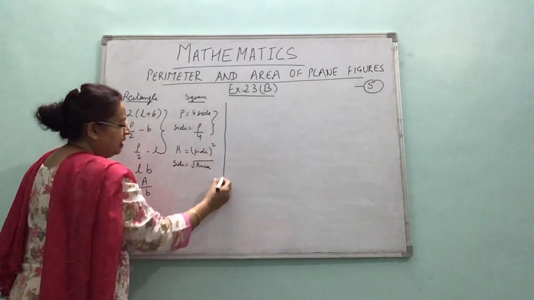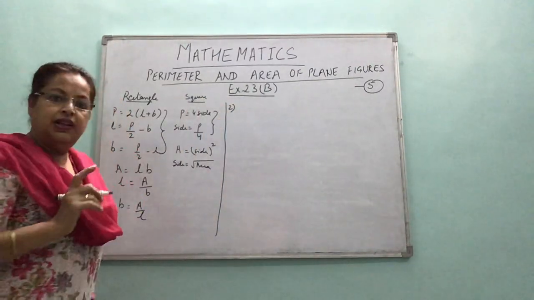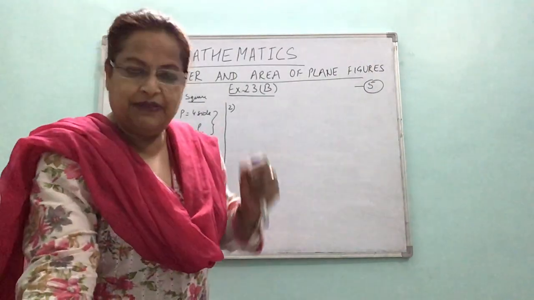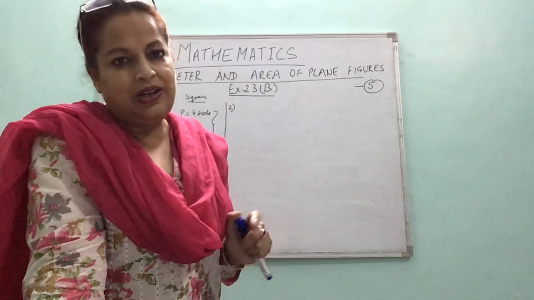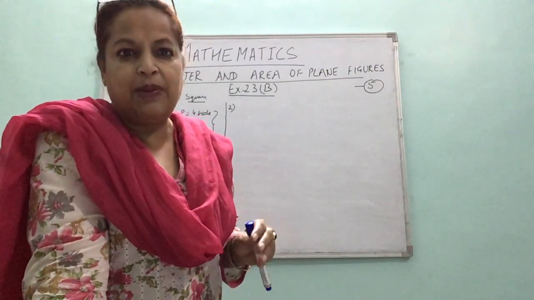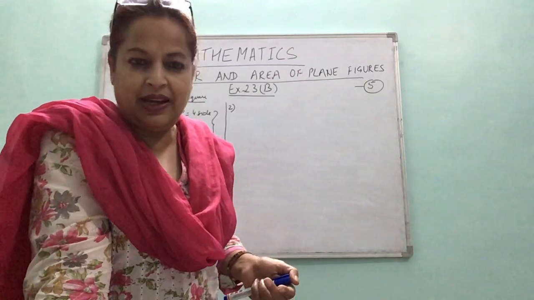Alright. So I am going to do question number 2 today. Now another thing, if it is a question on fencing, then we have to find perimeter, and if it is a question on cultivation of land and all that, marble slabs, then we have to find the area.